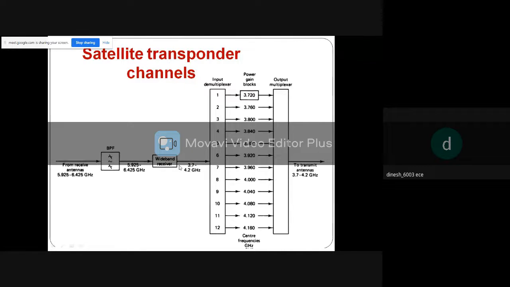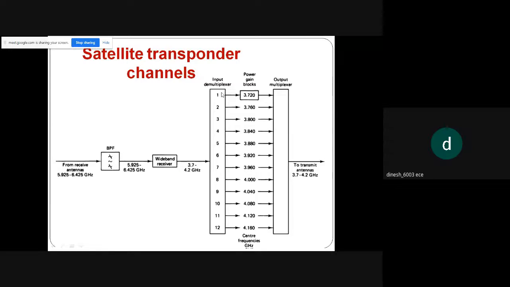We'll be using a wideband receiver, which again down-converts the frequency to 3.7 gigahertz to 4.2 gigahertz. And we have a demultiplexer of 12. Why we choose 12 is that we have 12 transponders.